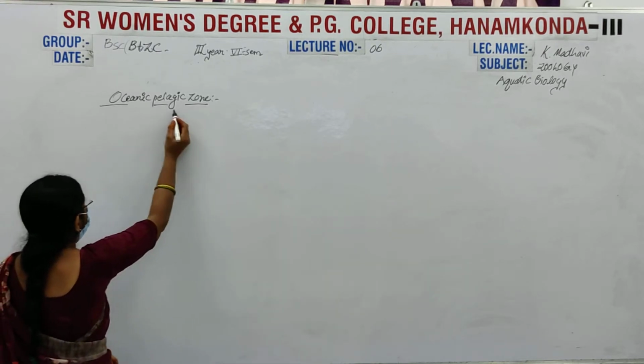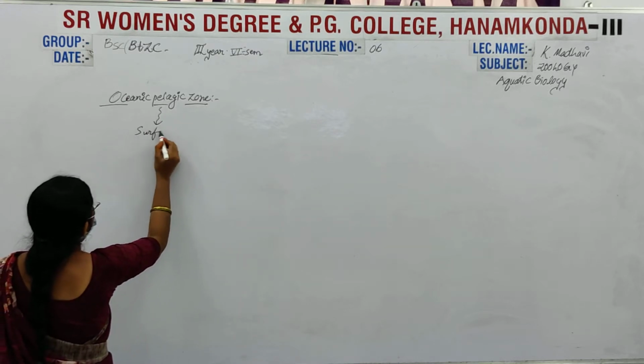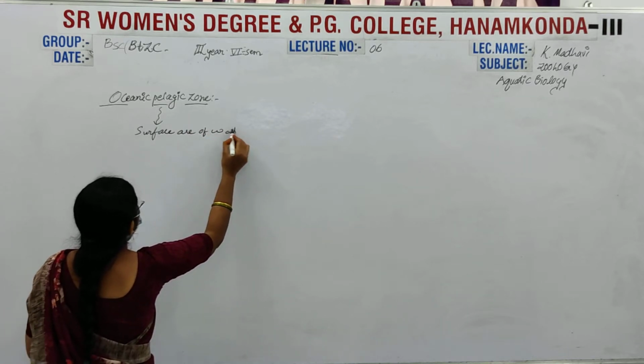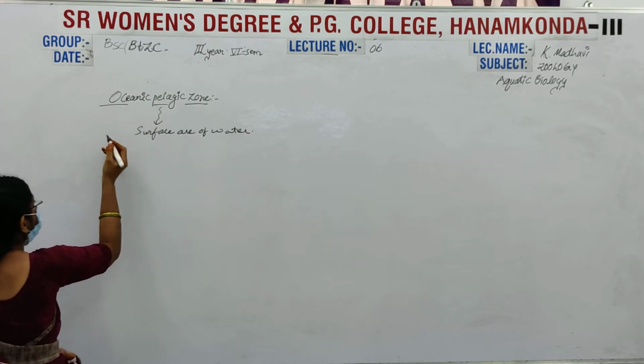In the oceanic pelagic zone, pelagic means the surface area of water. Here the zones are 5.